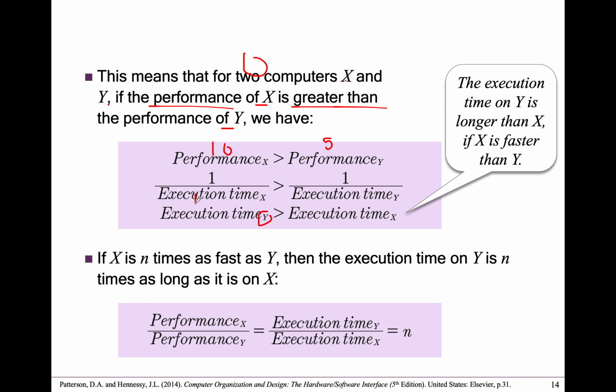So 1 over 10 you're going to get 0.1. But 1 over 5, you get 0.2.